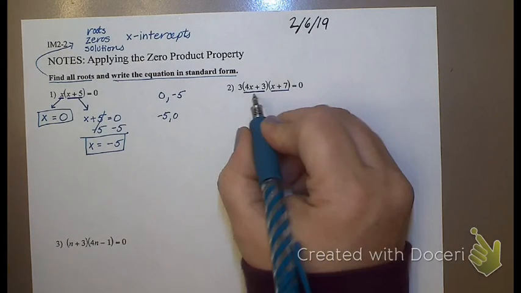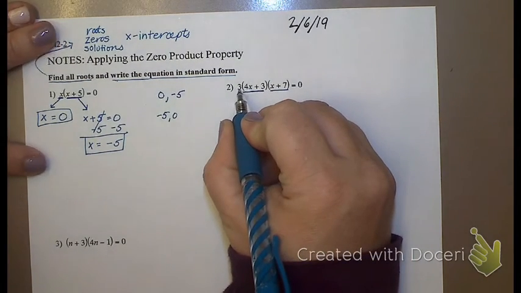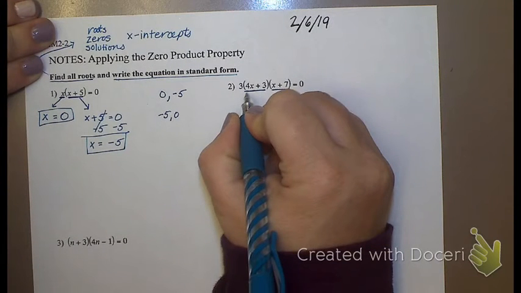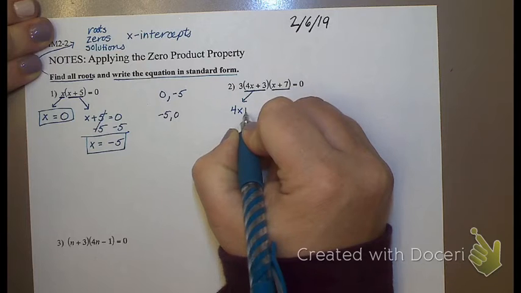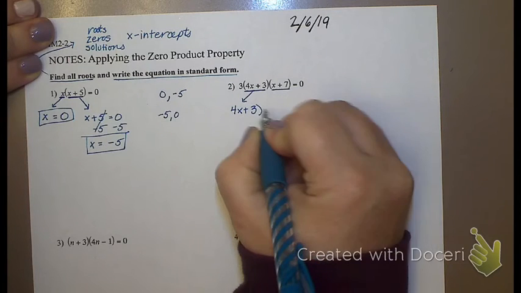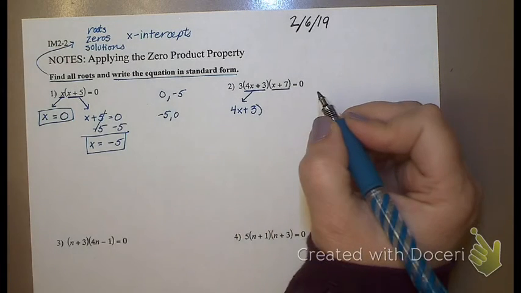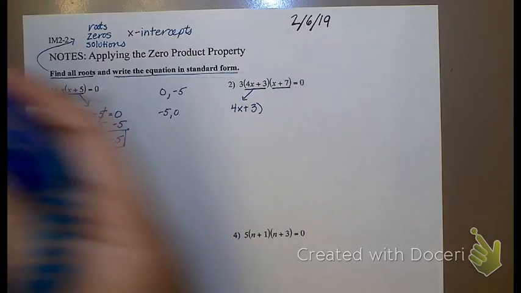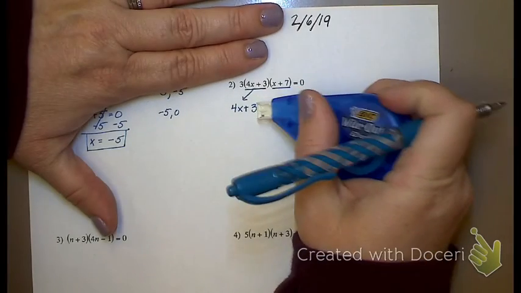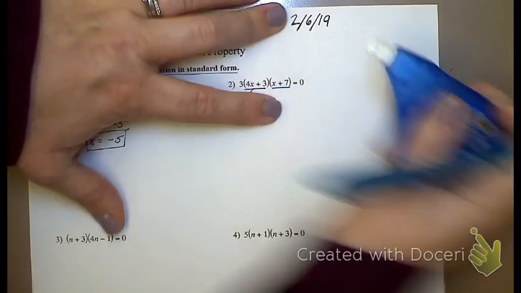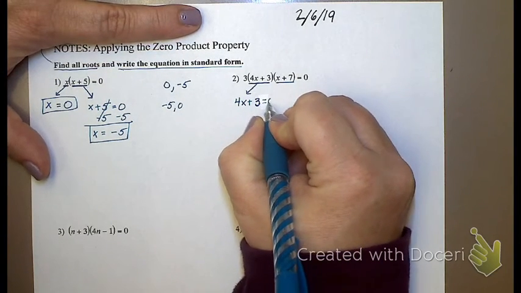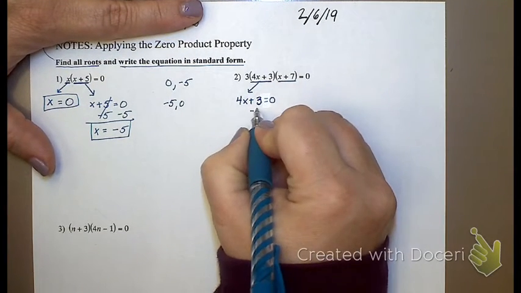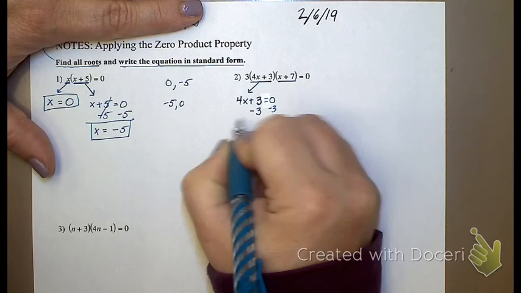What would that look like over here if I found the roots? Again, I don't need to worry about the 3 for this part. I just need to take this set of parentheses. Oops, don't need a parentheses anymore because I'm separating it out. Let's get rid of that little guy. So 4x plus 3, and what do I do? I set it equal to 0. This one has a little bit of solving. I'm going to subtract 3.